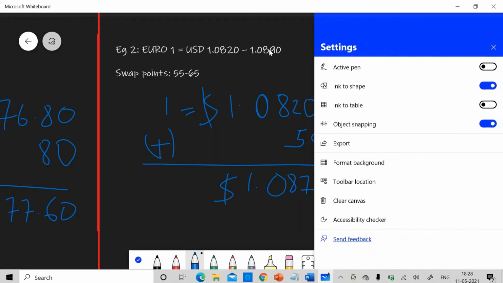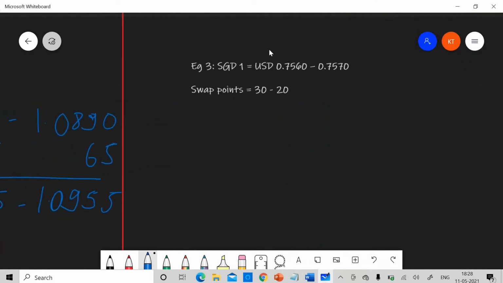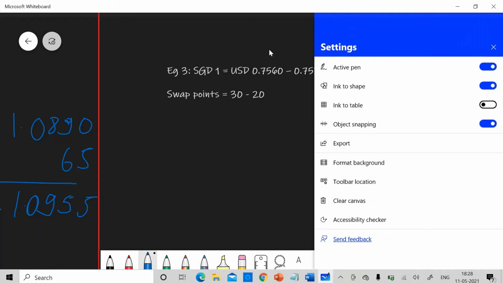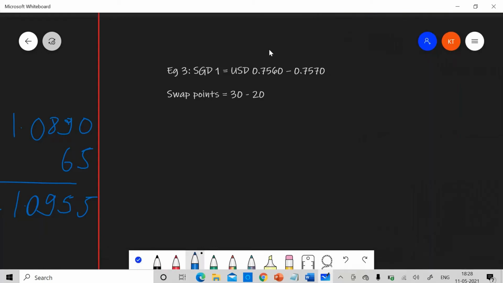Let's take the last example, so that we are pretty clear on how, if you are given the spot rate and swap points, you can derive the forward rates. So we write again like this. This is SGD, and in this case, say the swap points are 30 and 20, and we are told that we need to reduce them.